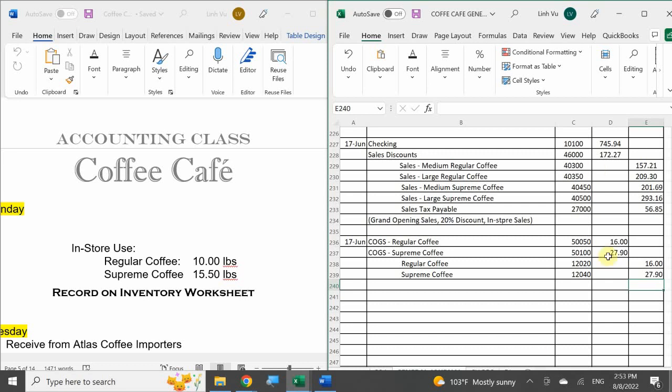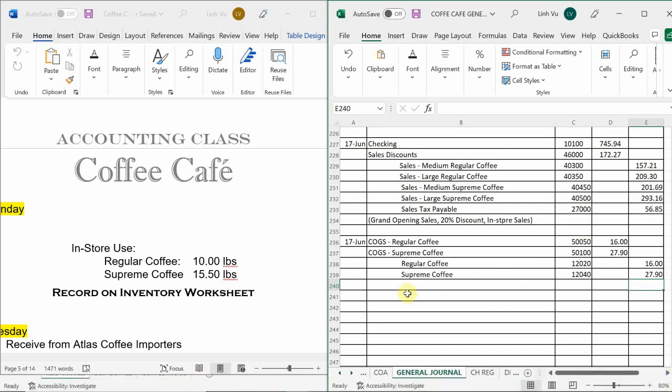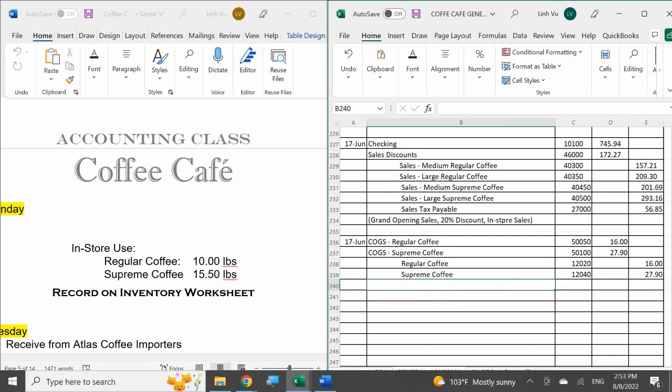And what kind of comment do you want to have here? I would put grand opening sale, 10 pounds regular, and 15.5 Supreme. Okay, so in-store use, and you want to say that you used 10 pounds regular.